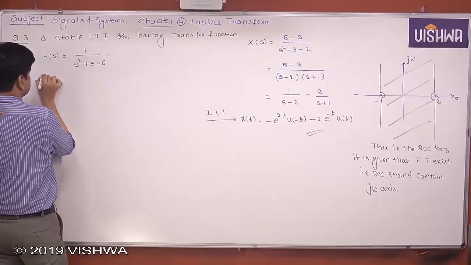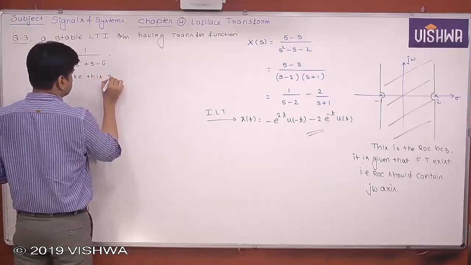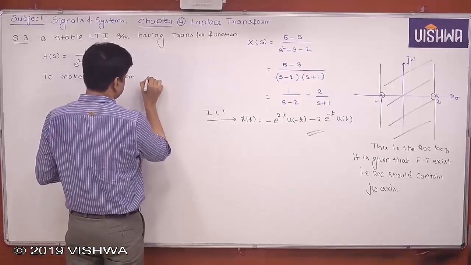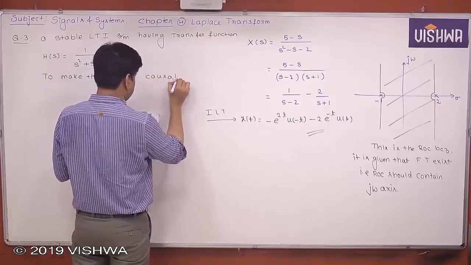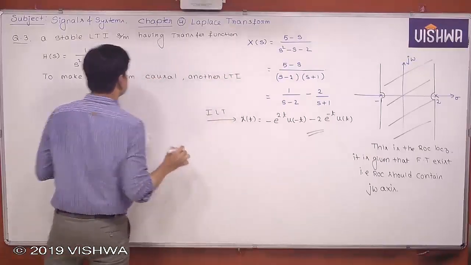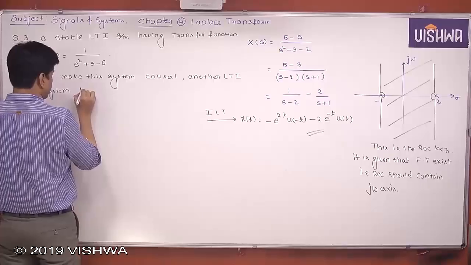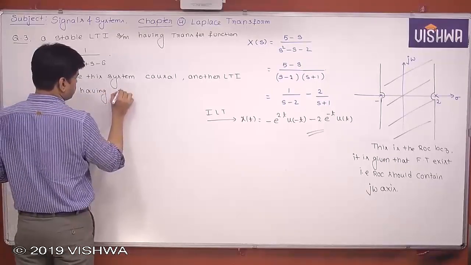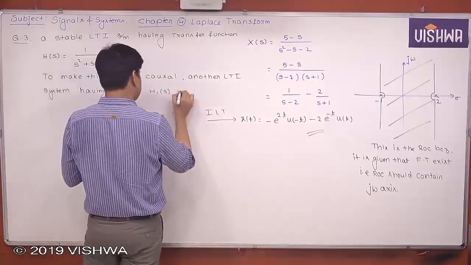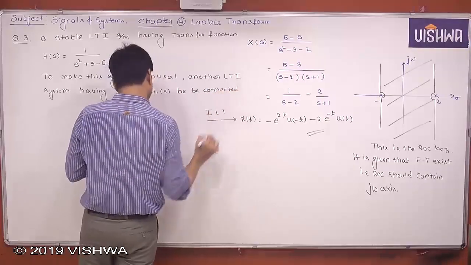To make this system causal, another LTI system having transfer function H1 of s is to be connected in cascade.